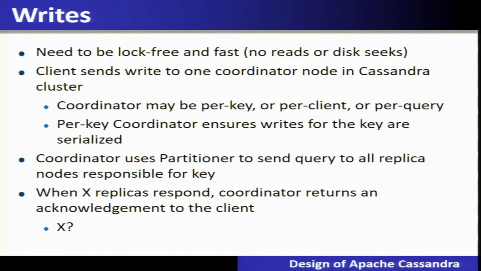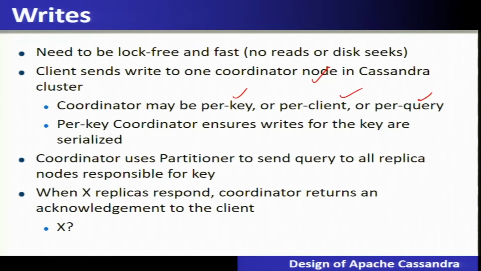So let us see about the writes. Writes need to be log free and fast, with no reads or disk seeks needed. When a client sends a write to one of the coordinator nodes in the Cassandra cluster, the coordinator may be per key, per client or per query, as we have shown in the previous diagram.